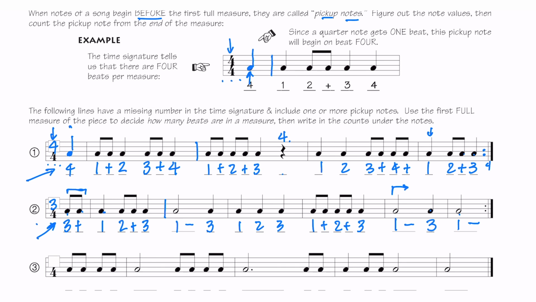On number 3, again, we're assuming that this is a pickup measure, so let's do our first full measure. 1, sustain is count 2, 3 and 4 and, so bar line, which means that I have 4 beats to a measure. Now again, we have 2 pairs of eighth notes, so a pair is 1 count.